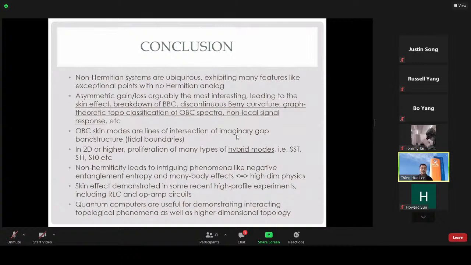In fact, if you look at the literature, we also create new paradigms for negative entanglement entropy with RLC and op-amp circuits. And more recently, for the Hermitian part, at least on quantum computers. So thank you. That's the end of my talk.